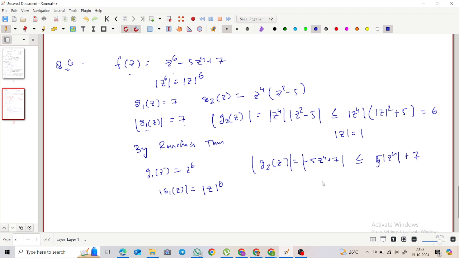This inequality is true. So if you evaluate it at z equal to 2 or maybe z equal to 3, what do you get here? 3 to the power 6, and this is bigger, right? Yes, this is bigger. So since g1 z has all 6 zeros inside mod z equals 3, so does f z by Rouché's theorem.